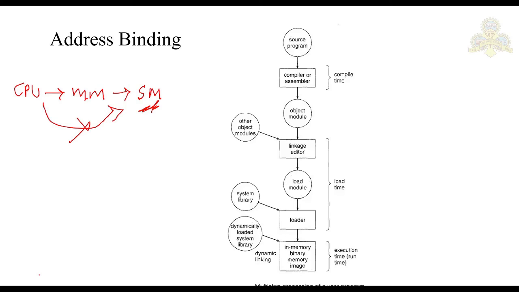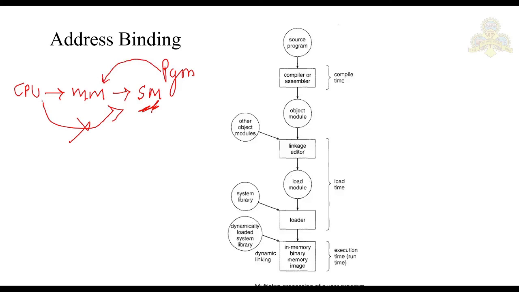So your operating system has to perform address translation. Why? Because whenever you store a program in the secondary memory, it cannot be directly executed. Your program has to be brought into the main memory, then the CPU can be allocated to this particular program or process so that it can execute.